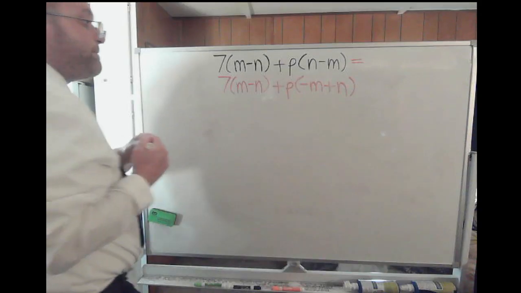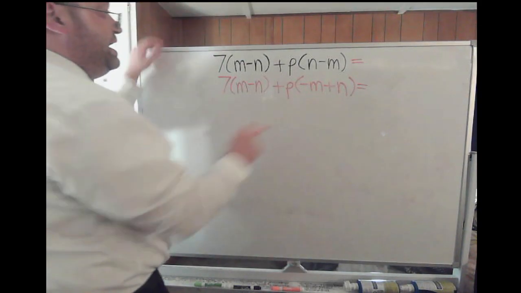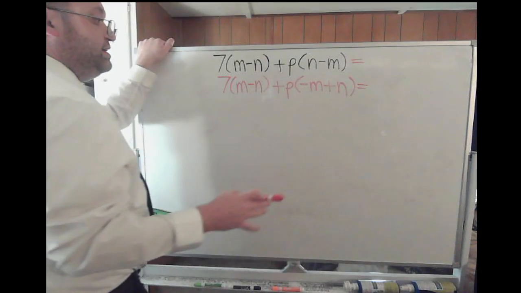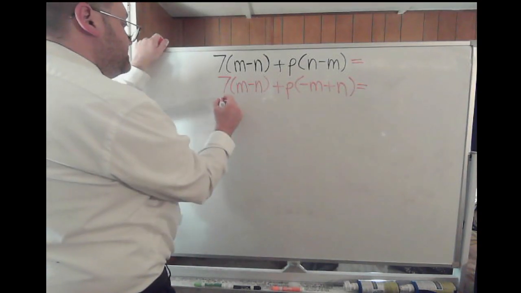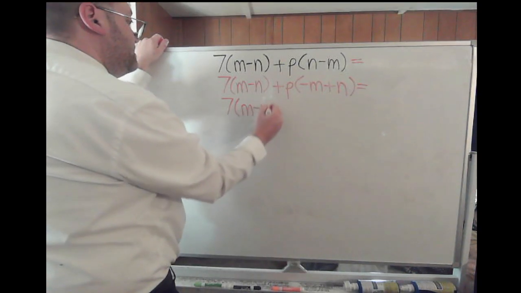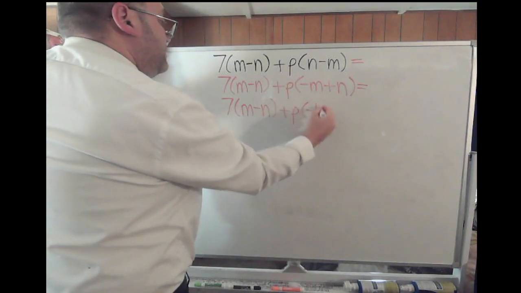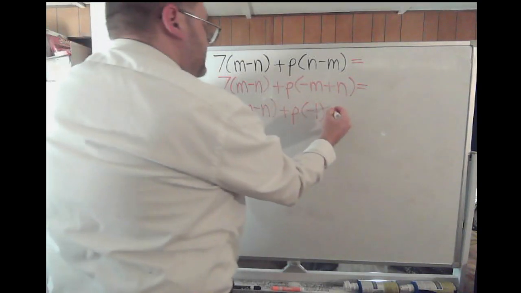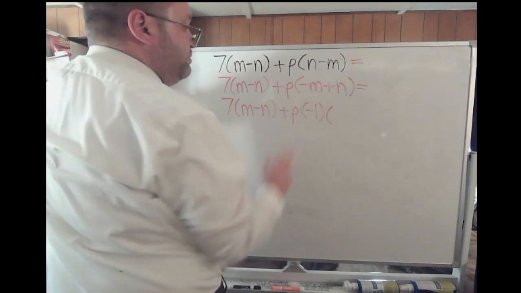Alright. Well, this is another one. We want to make m positive, right? We can do that by factoring out a negative 1. So you'll take 7 times the quantity of m minus n plus p. Let's factor out a negative 1 times the quantity of what? Okay, negative 1 times what equals negative m?